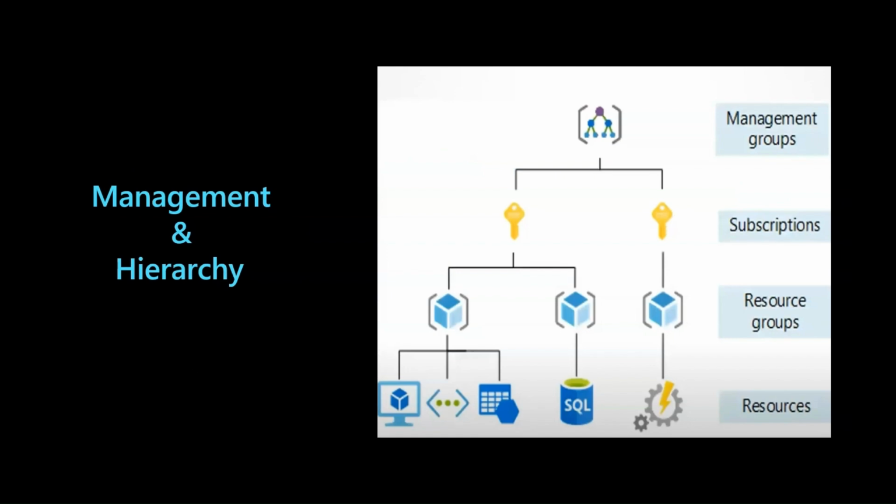All the billing of the services used inside the subscription can be seen with the cost management and billing of that particular subscription. Organizations also segregate their subscriptions according to their need, for example, keeping one subscription for production and one subscription for staging.